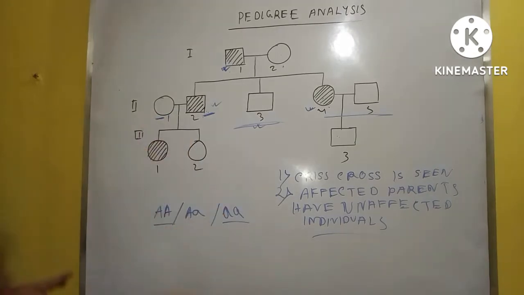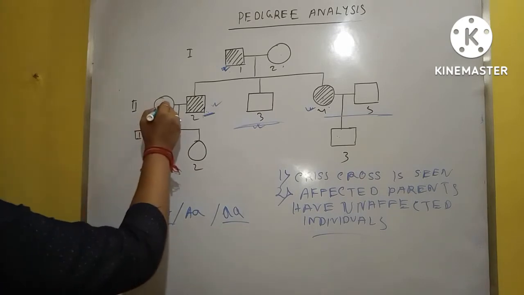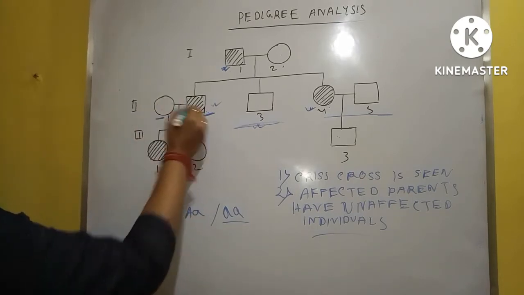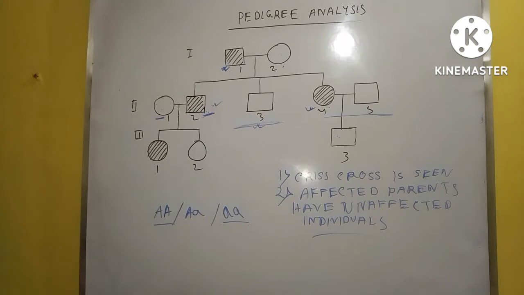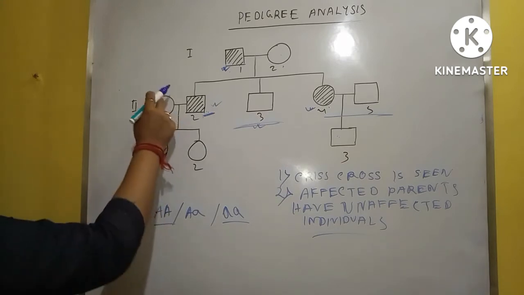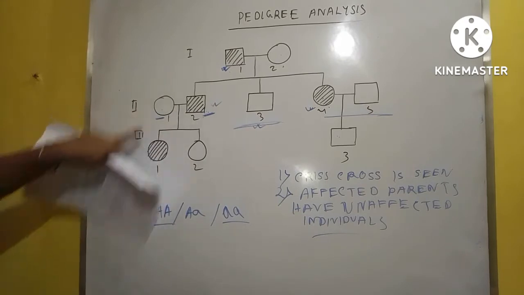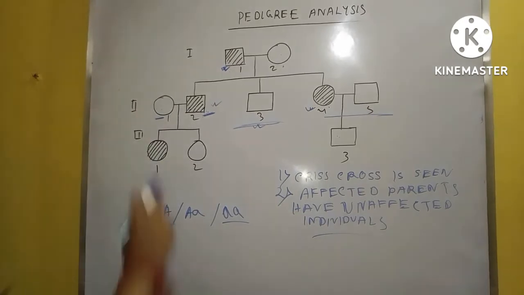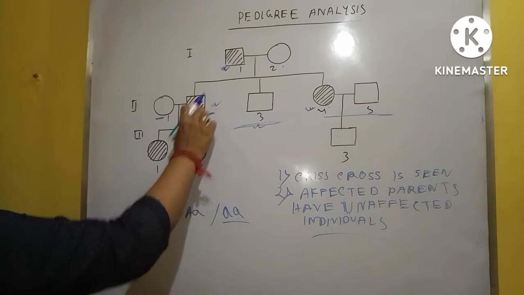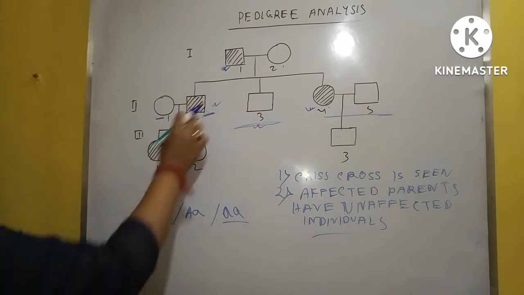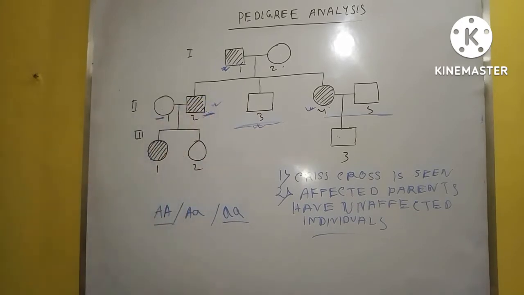So you can imagine one gene coming from here and one gene coming from here. If this is unaffected, suppose the normal gene comes from the mother, but it is affected, which means the disease gene comes from the father in the daughter.